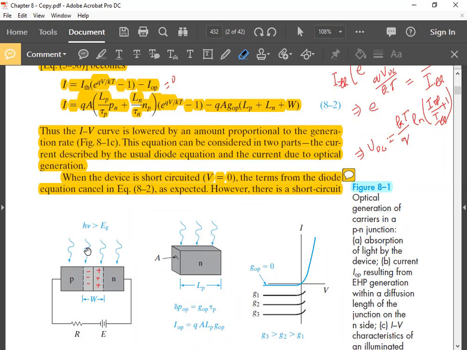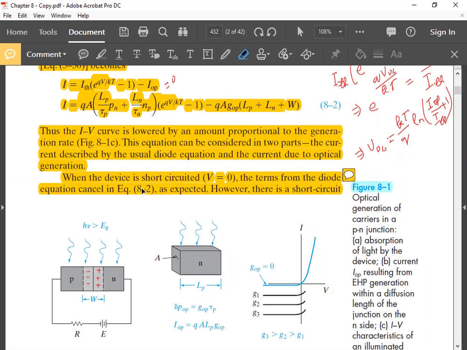Remember, in an illuminated junction only, there will be a short circuit current from N to P, right? Minus IOP means what? From N to P. These directions are important, so keep these things in mind.